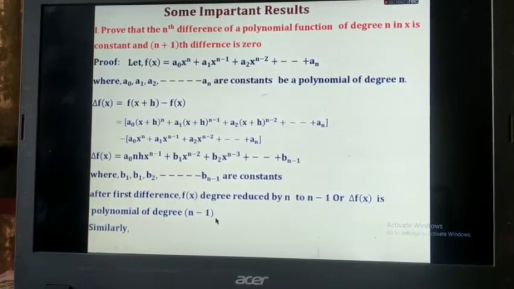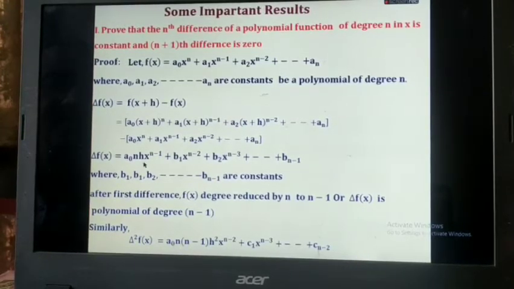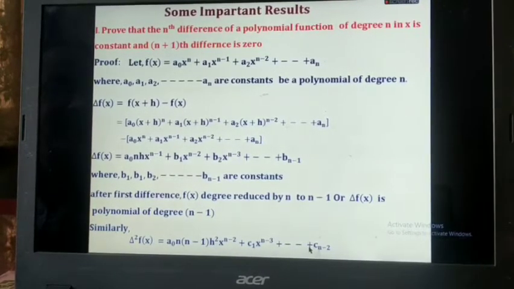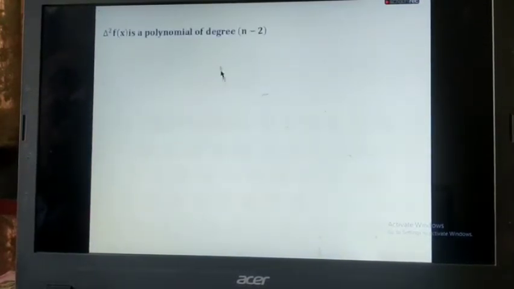Similarly, taking delta square f of x, a0 n into n minus 1 into h square x raised to n minus 2 will appear. The remaining terms can be written as c1 x raised to n minus 3 up to c n minus 2, where c1, c2 up to c n minus 2 are constants. Here it is observed that delta square f of x is a polynomial of degree n minus 2.